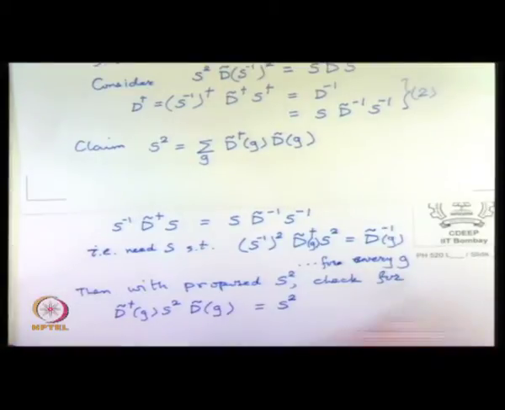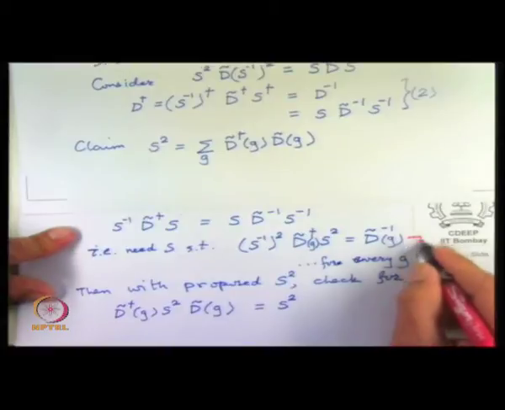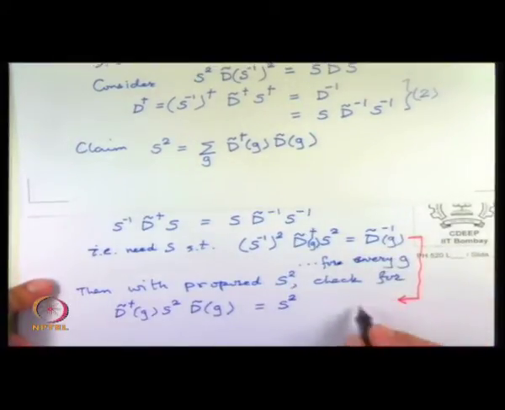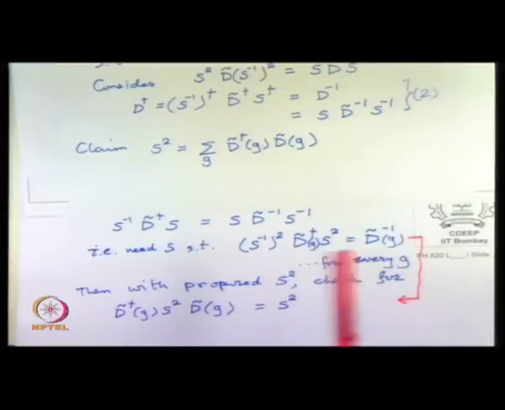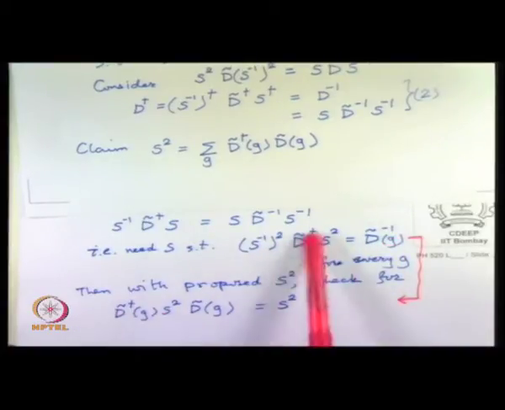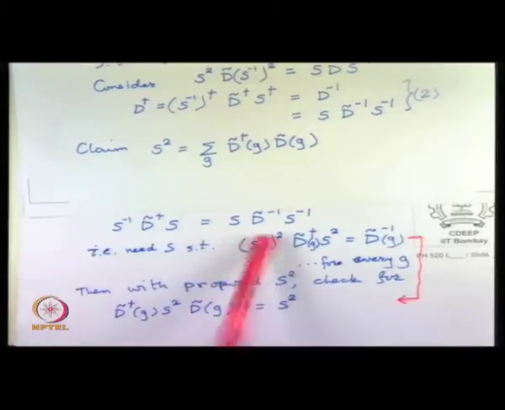So we have rewritten this, by simply multiplying on the right by D tilde. So this D tilde inverse comes here, this S squared remains here, and S inverse squared makes it S squared. Okay, so this is what we are trying to check.